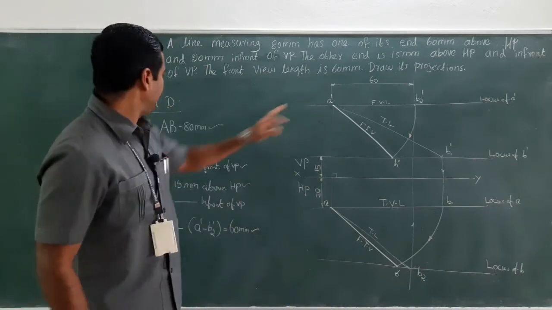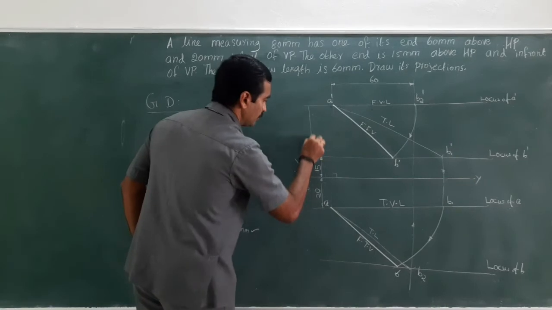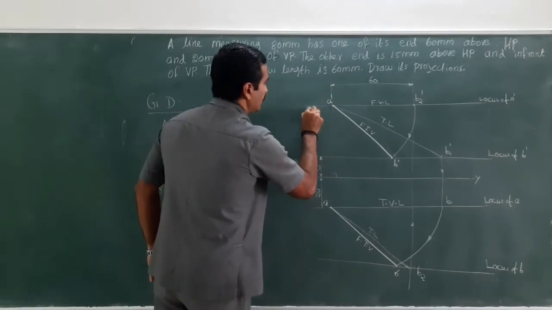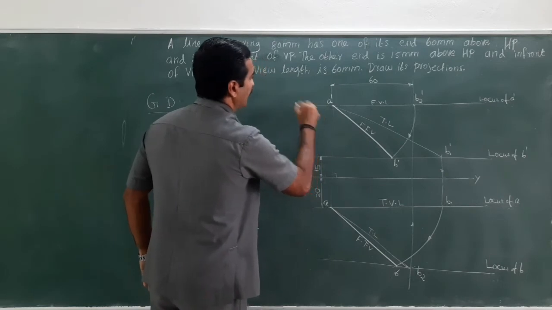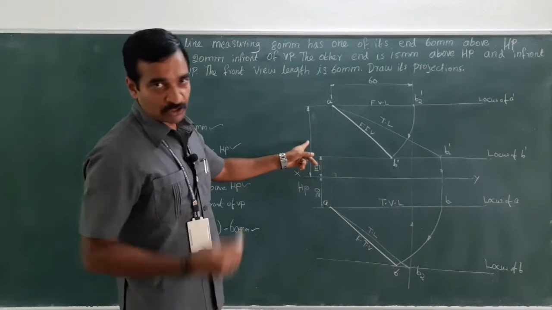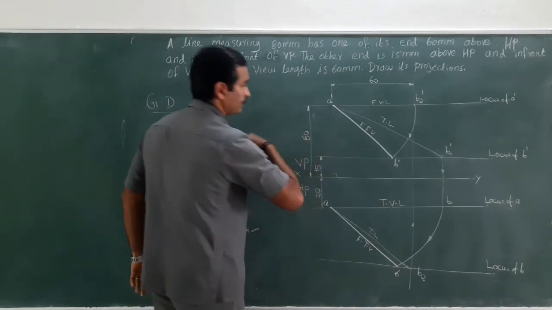And the locus of A dash, which is 60 mm from the reference line. So remember, the smallest dimension should be closer to the object and the bigger dimension should be away from the object. So here it is 60.